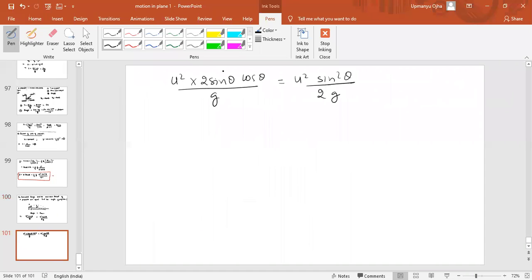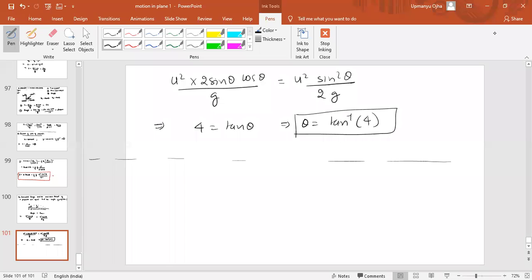U square cancels out, one sine cancels out, g and g cancel out. We'll get 4 equal to tan theta, since sine by cos is tan theta. Therefore, theta equal to tan inverse of 4. This is the angle of projection for the object to have the maximum height and range the same.